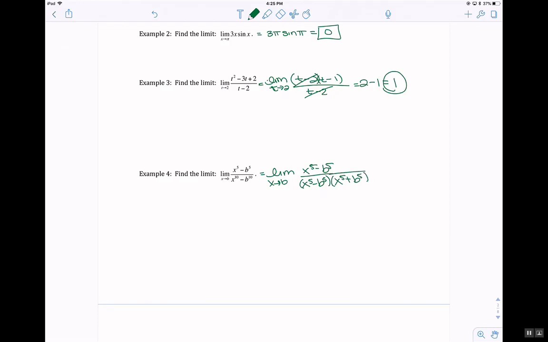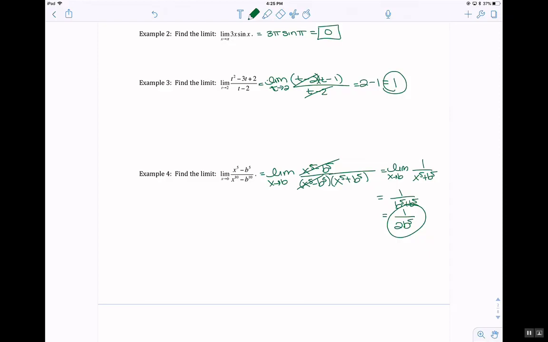And my x to the 5th minus b to the 5th cancel out. So I'm left with the limit, x approaches b, 1 over x to the 5th plus b to the 5th. Because now there's no issue with plugging in b for my x, I get 1 over b to the 5th plus b to the 5th, which is 1 over 2b to the 5th.